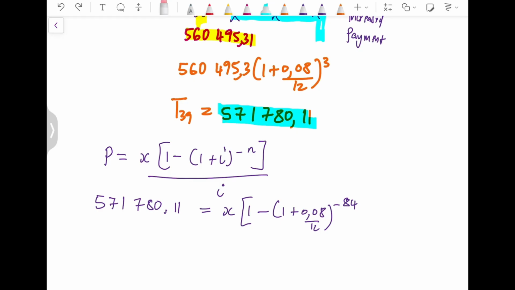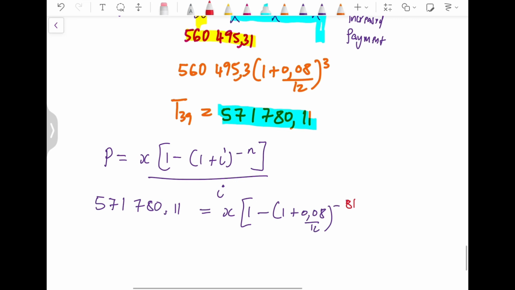Not 84. This one will be 81, and then all divided by 0.08 over 12.